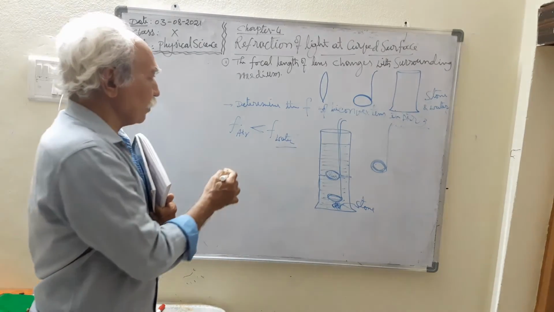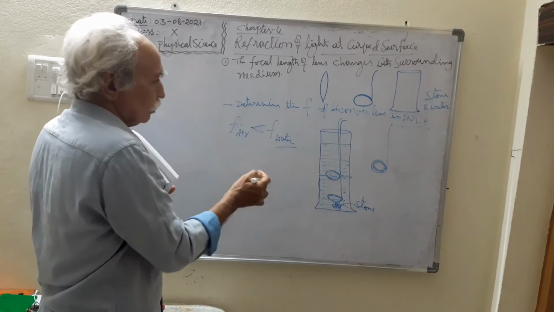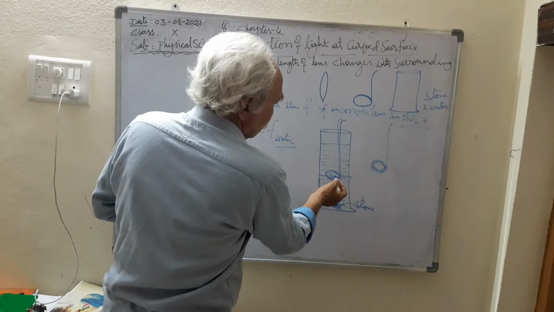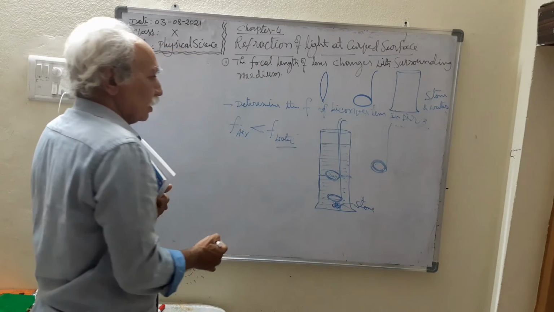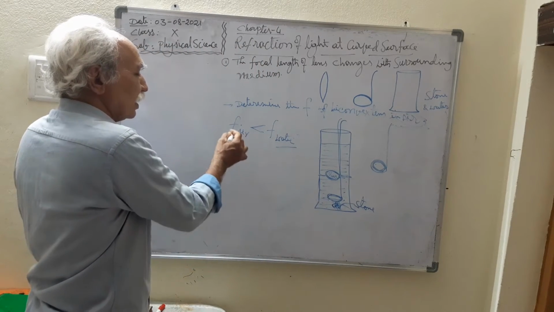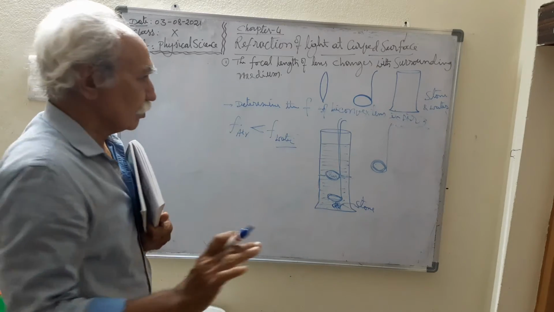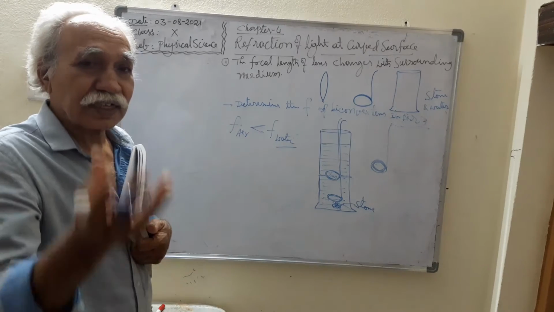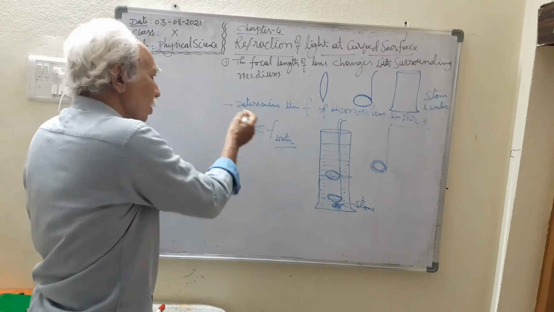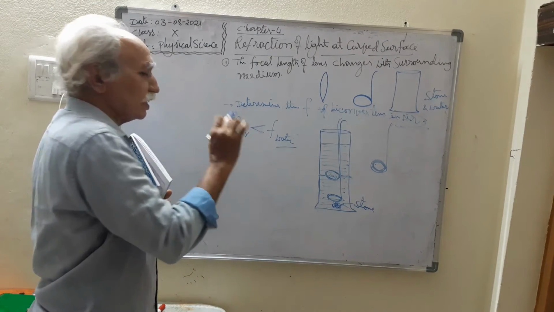Now in this case, what happens when a convex lens made of glass has surrounding media of air? It has a certain focal length. If its surrounding media has a higher optical density, then the focal length increases. If the surrounding has lower optical density, the focal length decreases.